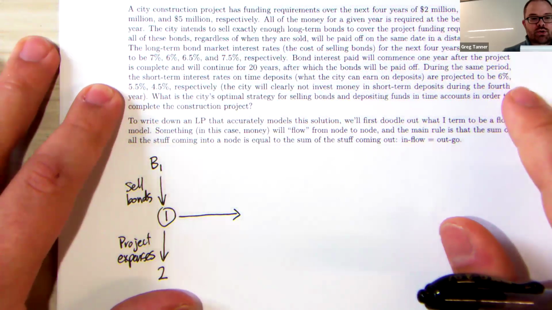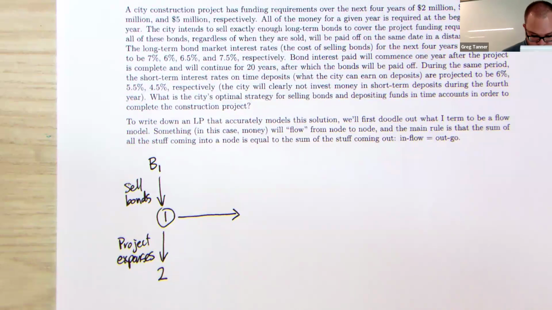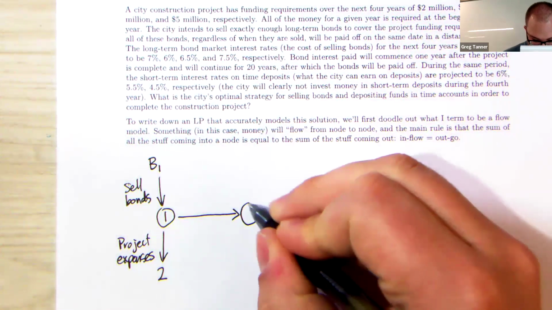Notice the short-term interest is not nearly as good as the interest we'll have to pay on the bonds in the long run, but it lets us flow our money through and gain a little bit if we borrow at the right time. That will then flow into year two.